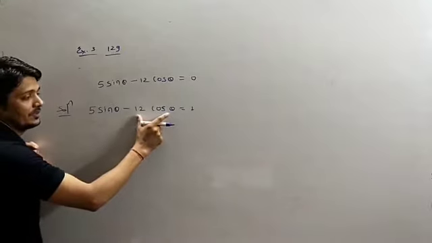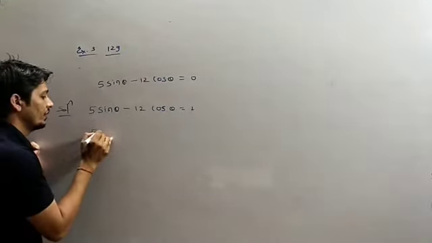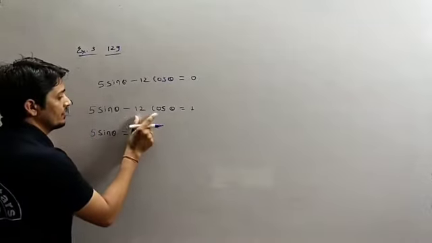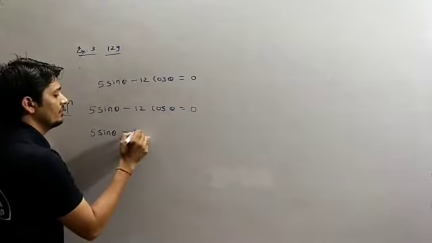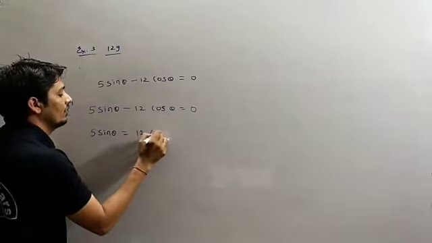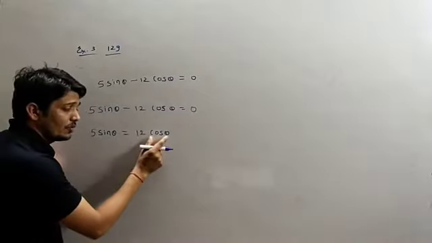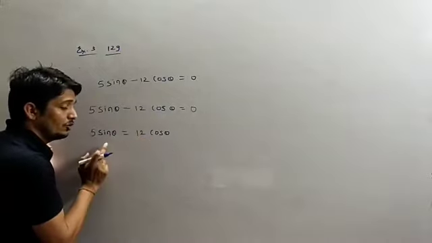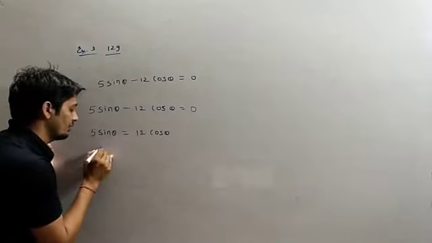So we have to transfer this to the other side. So it will become 5 sin theta equals 12 cos theta, since minus becomes plus. We need cos theta on this side, so we transfer cos theta to the other side, and this 5 to the other side.